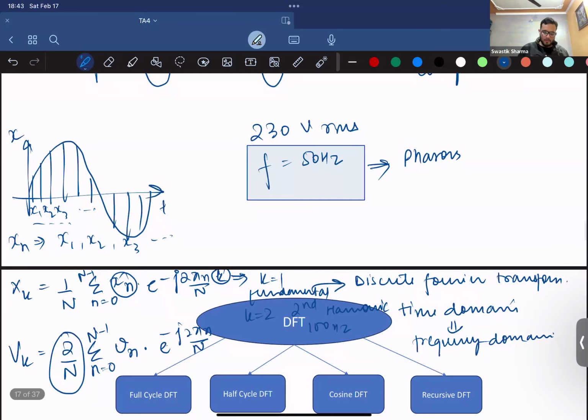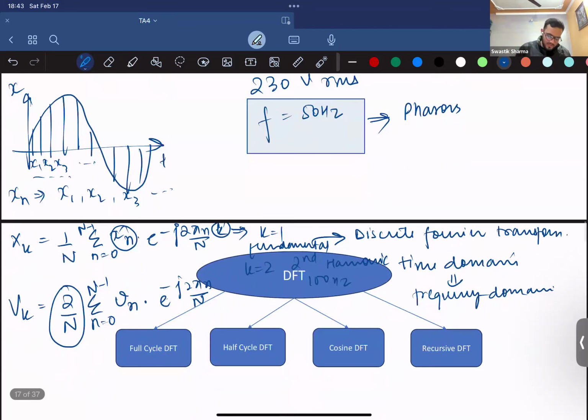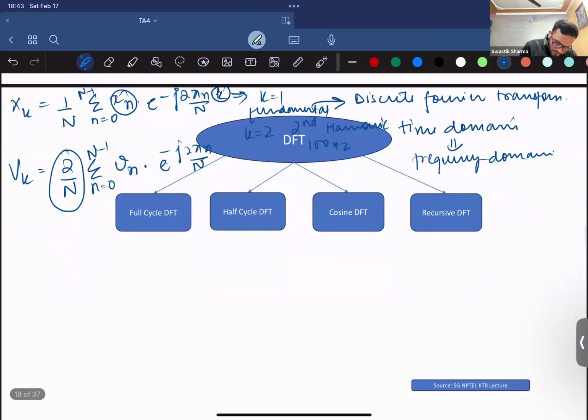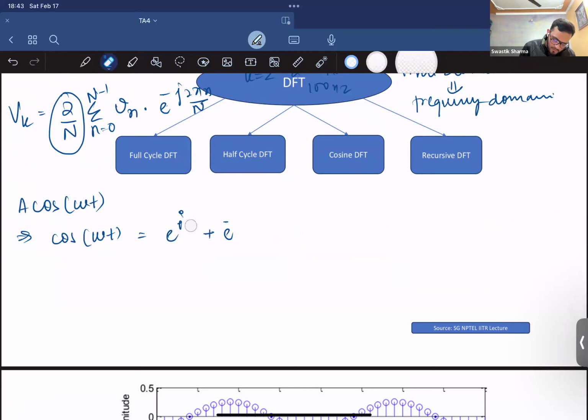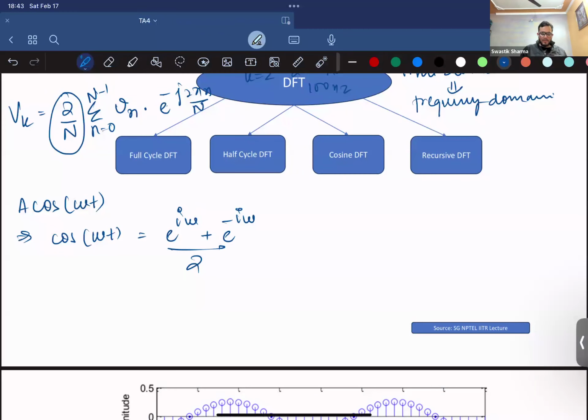No one? Okay. So this scaling generally comes because of this. Let's say you have a signal a cos omega t, right? When you write it in exponential form, cos is represented as e to the j omega t plus e to the minus j omega t, upon 2, right?